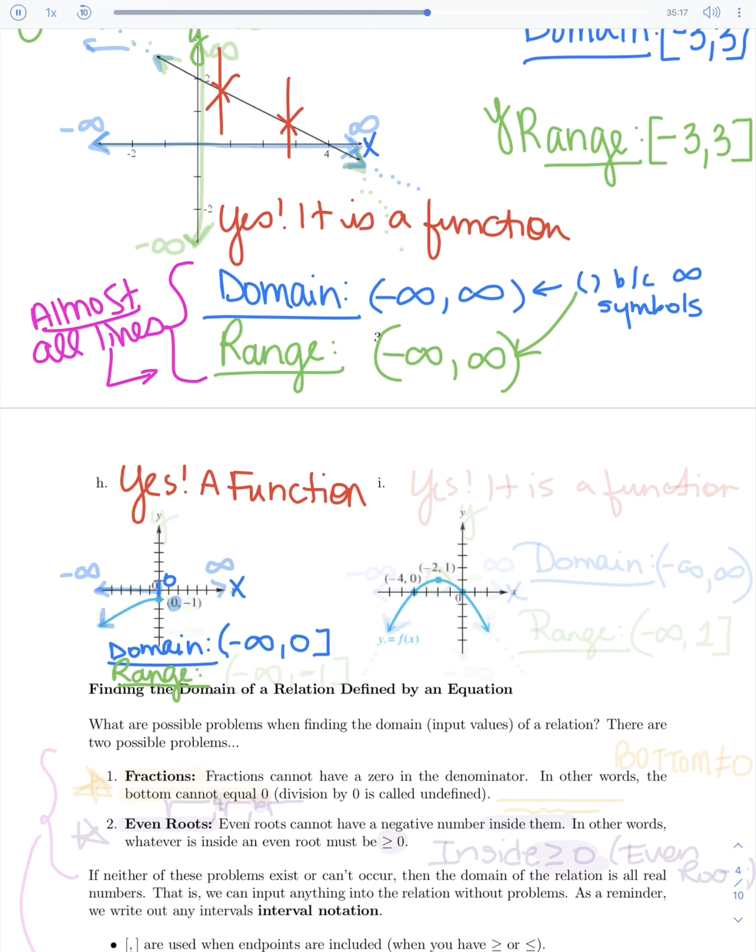Let's take a look at the range for this problem. With the range, we would be going with the y-axis. We'd be starting again with the negative infinity end and working our way up. Notice the negative infinity end, our graph does go down forever.